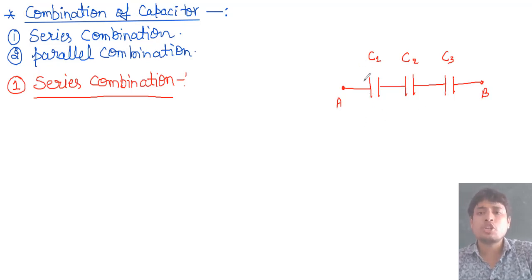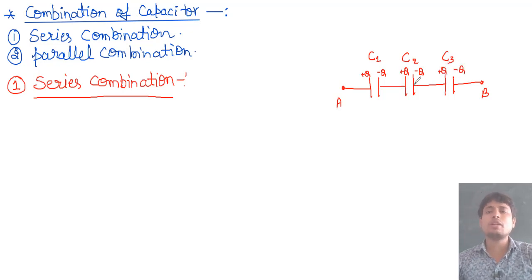If plus Q is the charge on one plate of the capacitor C1, then minus Q will be developed at the second plate of C1. And the same charge will be transferred to all other capacitors which are connected in series. So here will be plus Q, minus Q, plus Q, minus Q. In the series combination, the same charge will be developed on each and every capacitor.